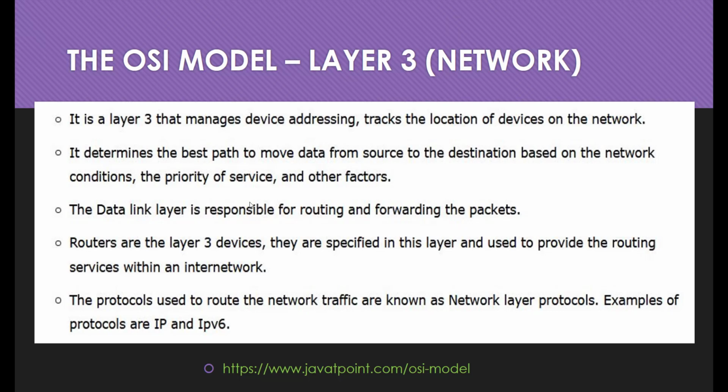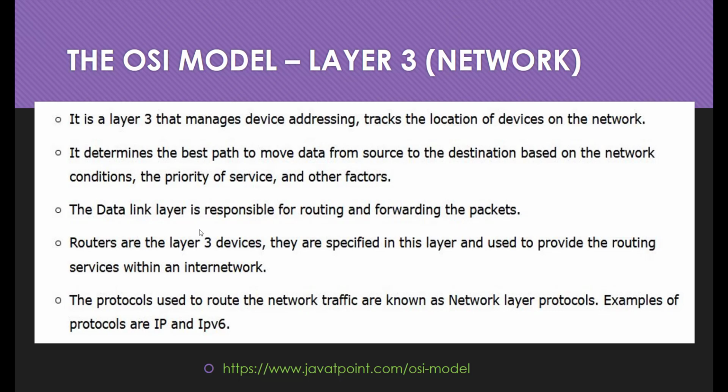So the data link layer is responsible for routing and forwarding the packets. Sorry, this is a mistake. It's actually the network layer, not data link, which is layer 3. The network layer is responsible for routing and forwarding the packets. Routers are the layer 3 devices.